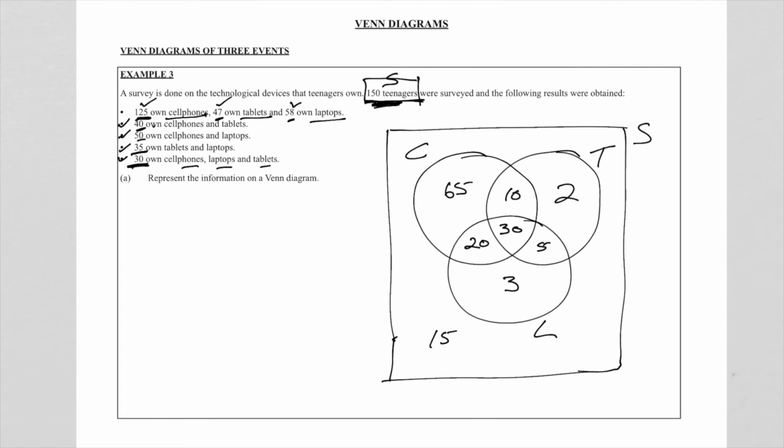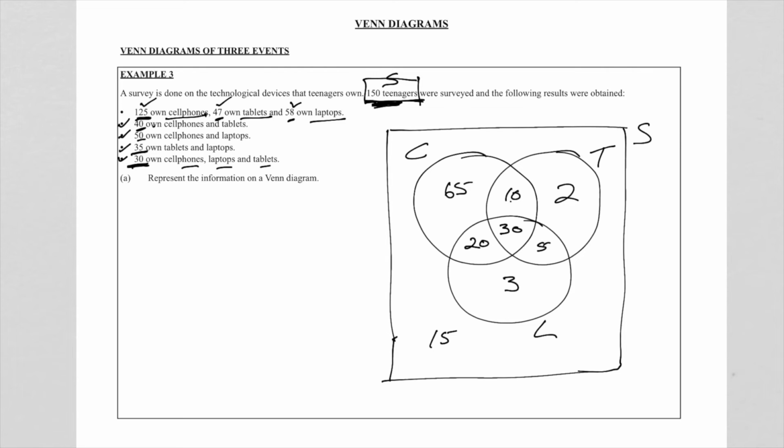Now, when we go back to our Venn diagram, you will agree that 30 represents 3 devices. But we don't want 3 devices. We want at most, we want those who own 2 devices, or less.